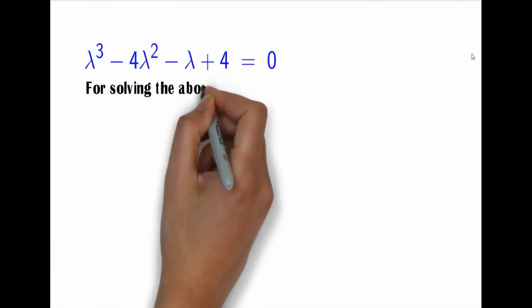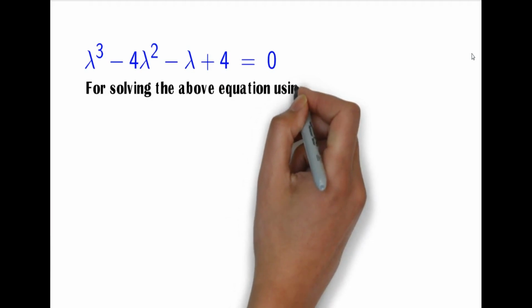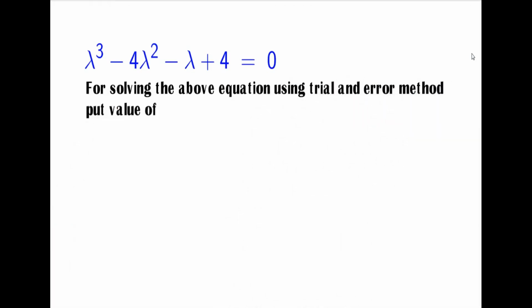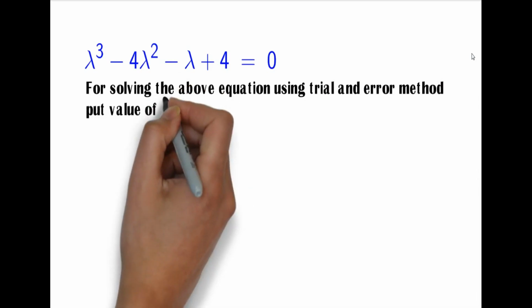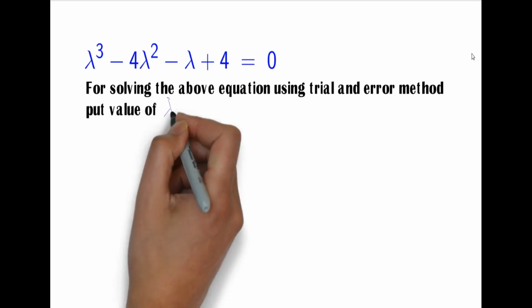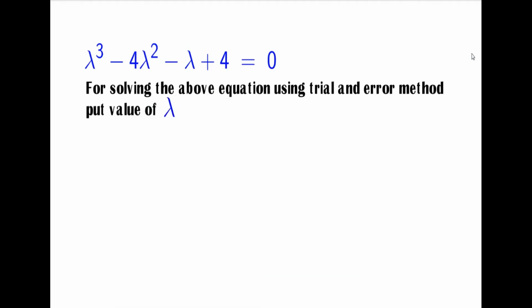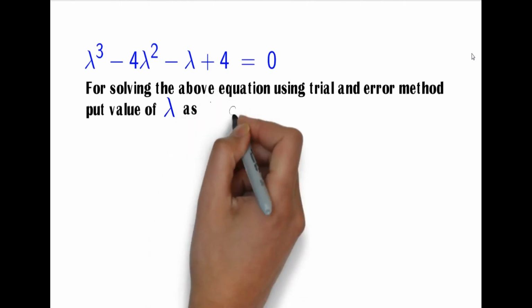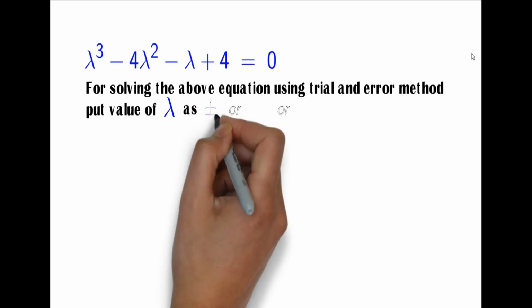For solving the equation using trial and error method, put the value of lambda as plus or minus 1 or plus or minus 2 or plus or minus 4.